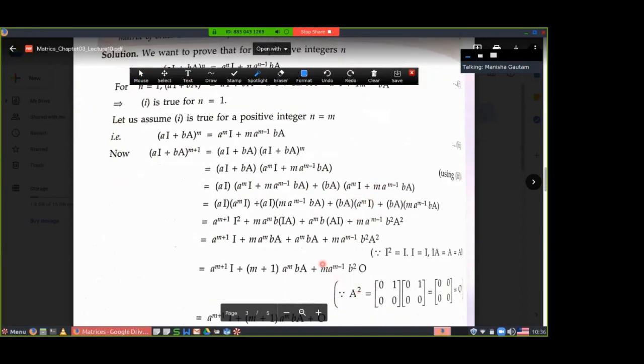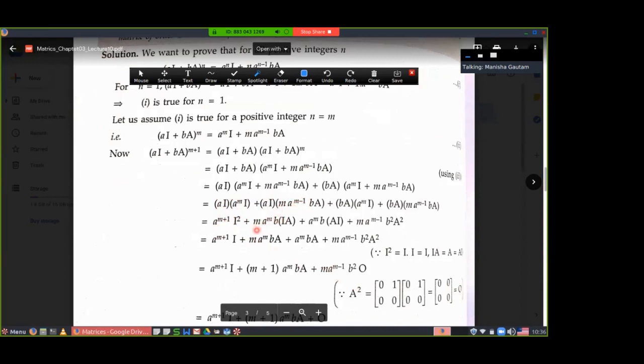What will you get in the next step? That is I into I square, A into a to the power m, a to the power m plus 1. Powers are added if bases are same. A to the power 1 plus m minus 1, the 1 and minus 1 cancel and you will get a to the power m here.